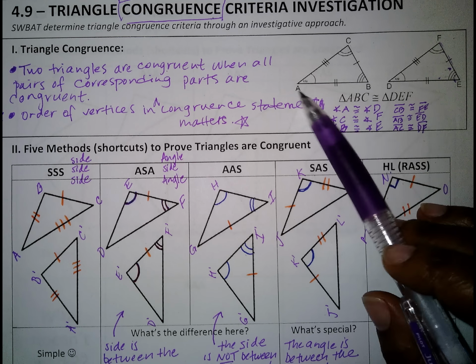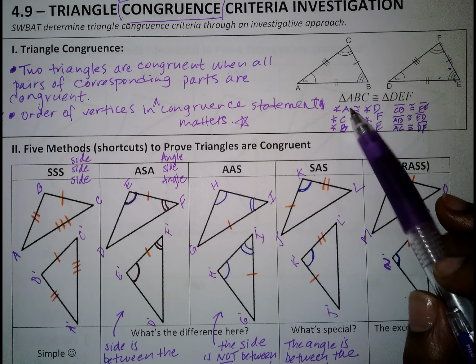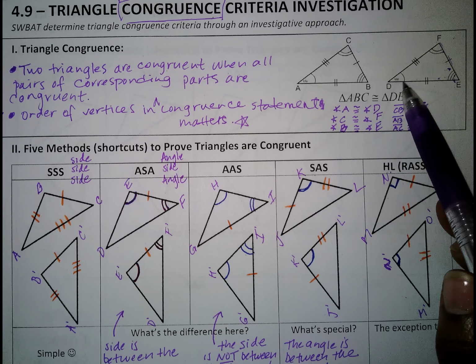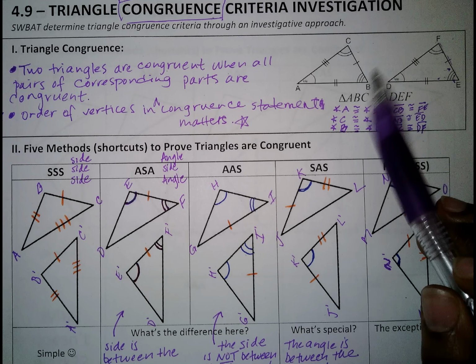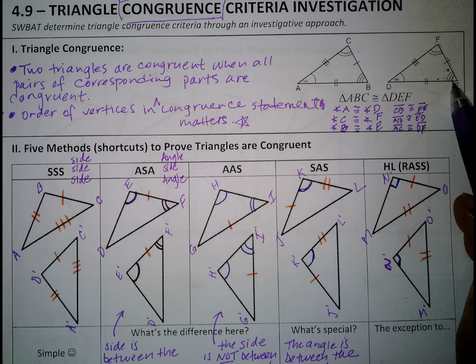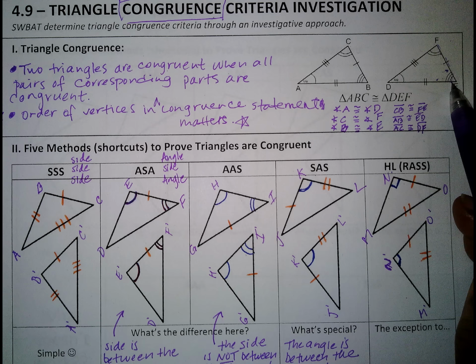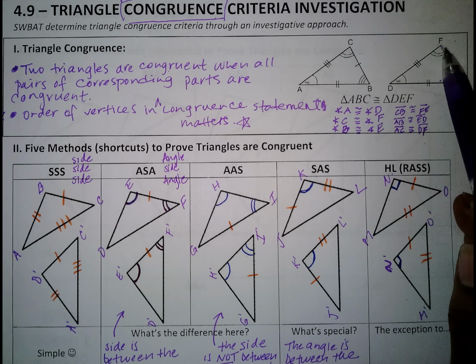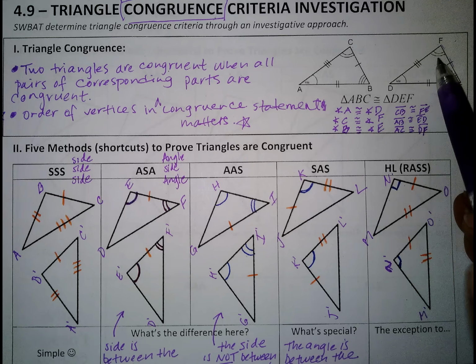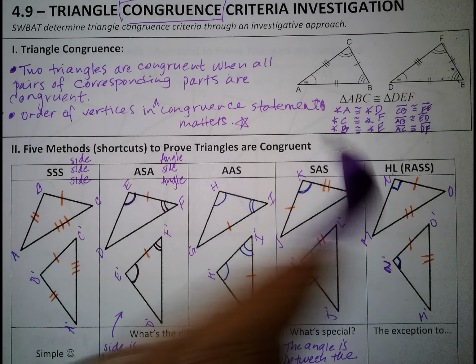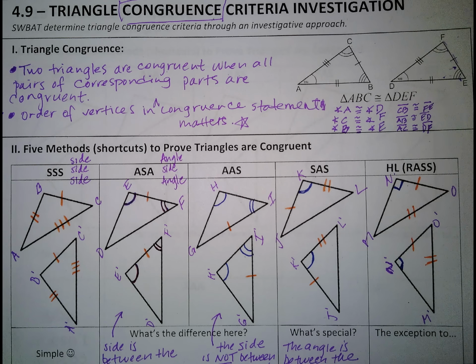The vertices A and D represent angles A and D, and they have the same number of arc marks, so they're congruent. The vertices B and E represent angles B and E, again with the same number of marks. C and F represent those angles, and they have the same number of arc marks. Okay, so it's very important to keep the order of the vertices consistent.